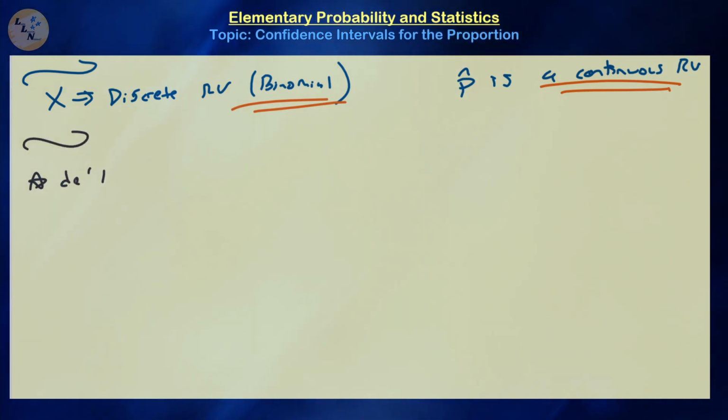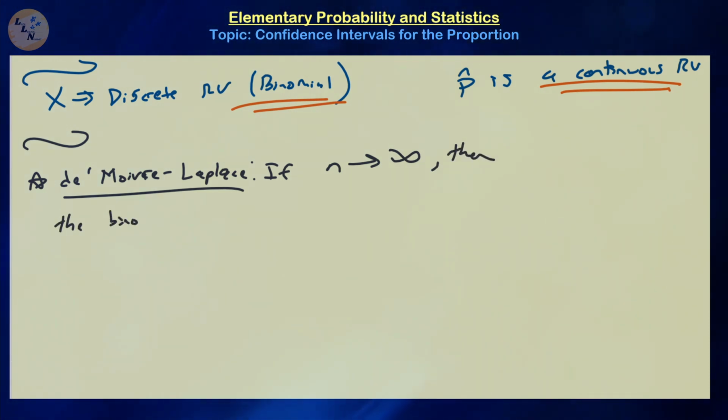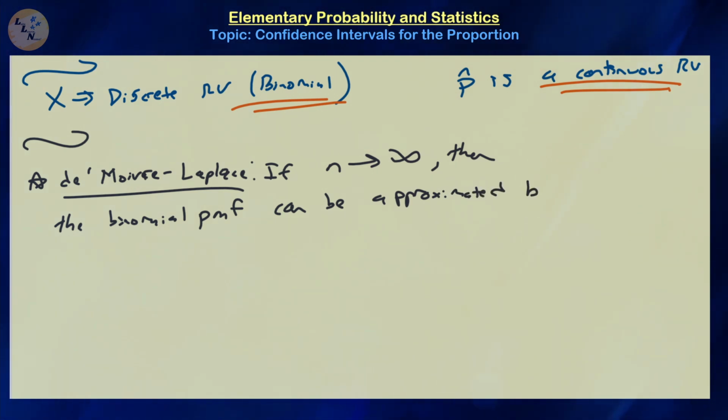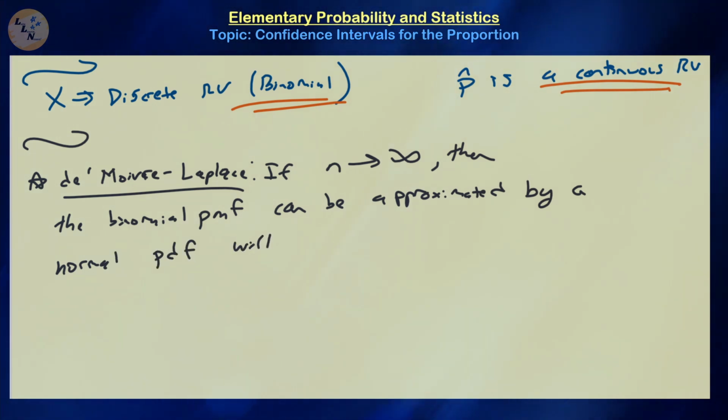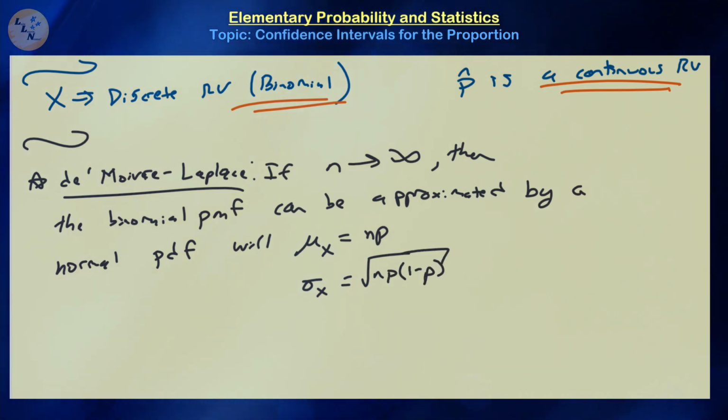So recall the de Moivre-Laplace theorem. The de Moivre-Laplace theorem says if n converges to infinity, then the binomial distribution, let's call it the binomial PMF for probability mass function, can be approximated by a normal probability density function where the mean of that approximation is going to be equal to np and the standard deviation is going to be equal to the square root of np(1 - p), right?